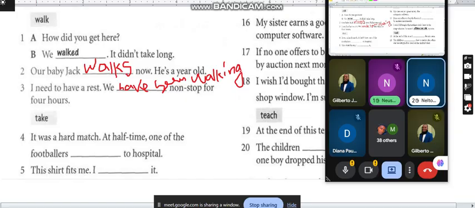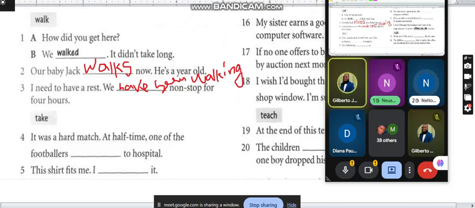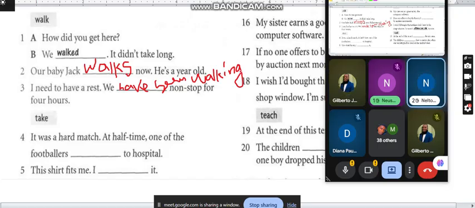Okay, and why? Do you have justification? Yes, tell us, please. I chose it because one of the players was taken to the hospital.